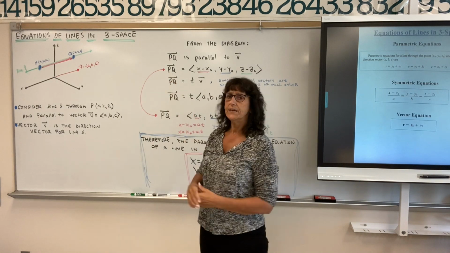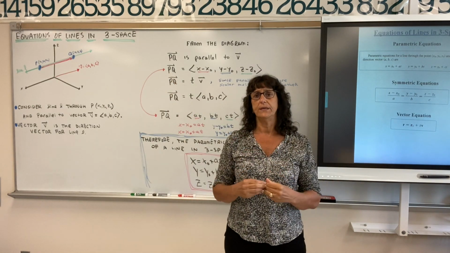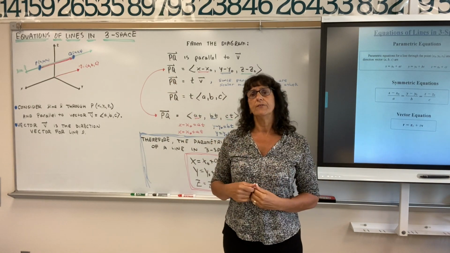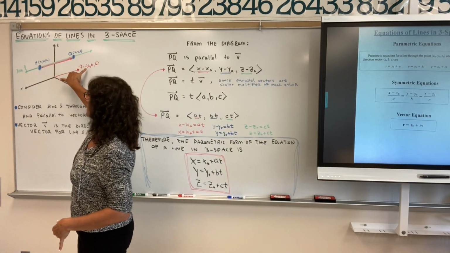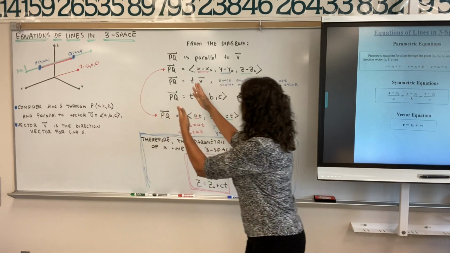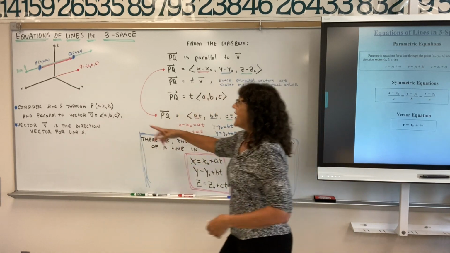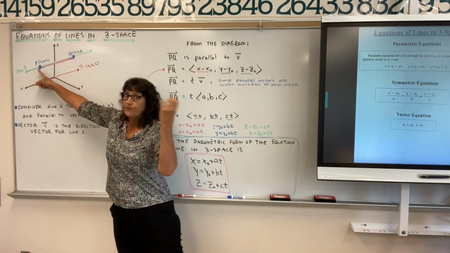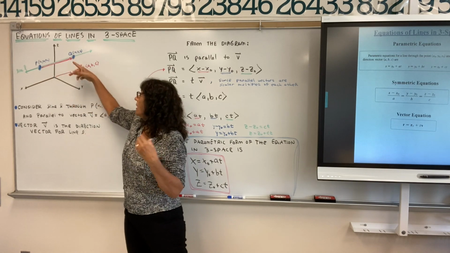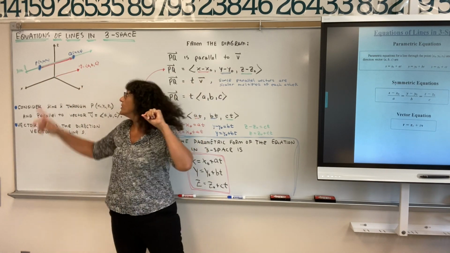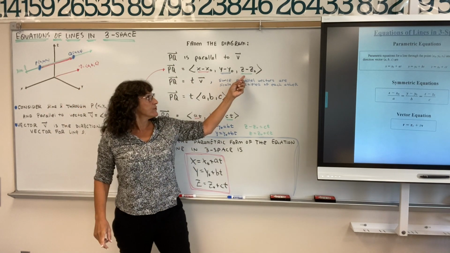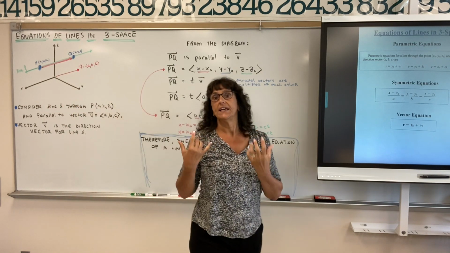Now, if I wanted to write vector PQ in component form, I would take x minus x sub 0 for the first direction number, then y minus y sub 0 for this direction number, and then z minus z sub 0 for that direction number. This is how I would write it in component form.